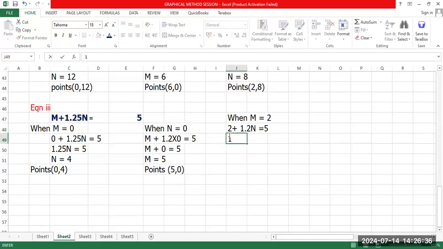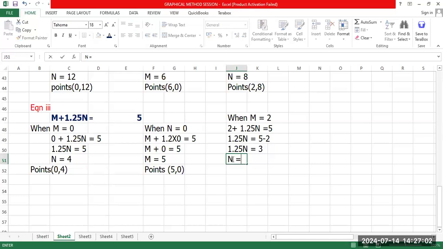So 1.25n is equal to 5 minus 2, which is 3.